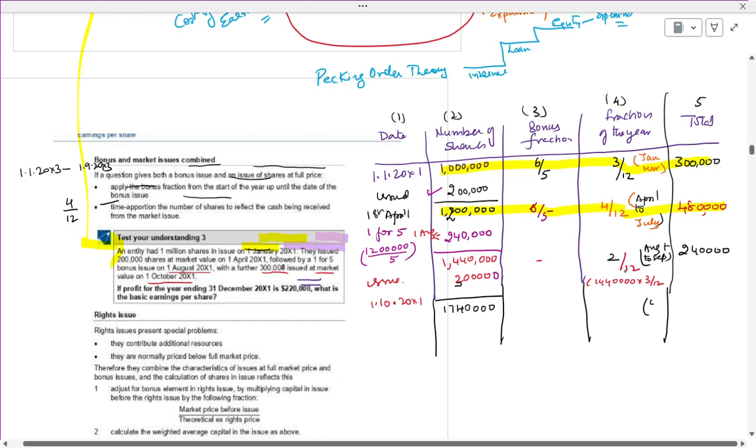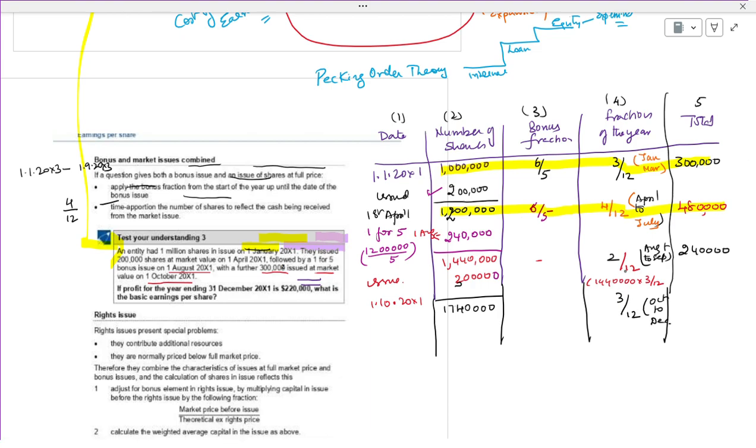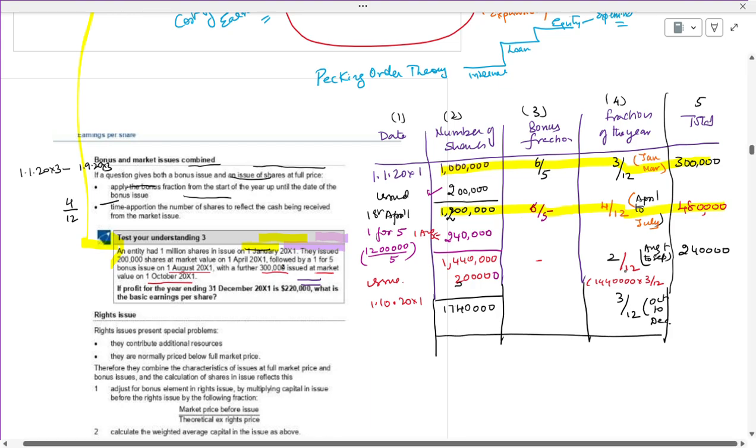Now October to December. How much is there? 3 by 12. Can you please understand what we are doing?